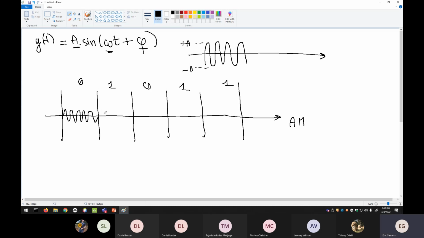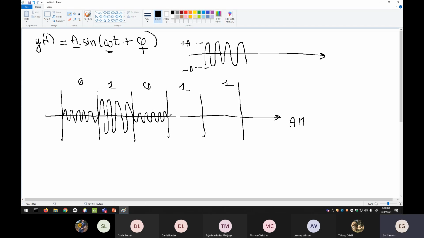Now you are going to represent a 1. There is a high amplitude, so you use the high amplitude. So 1 is with a high amplitude. Now you want to represent a 0, so you are going to use the low amplitude.